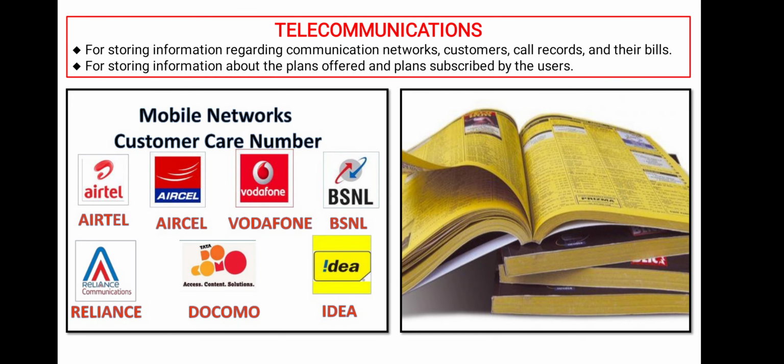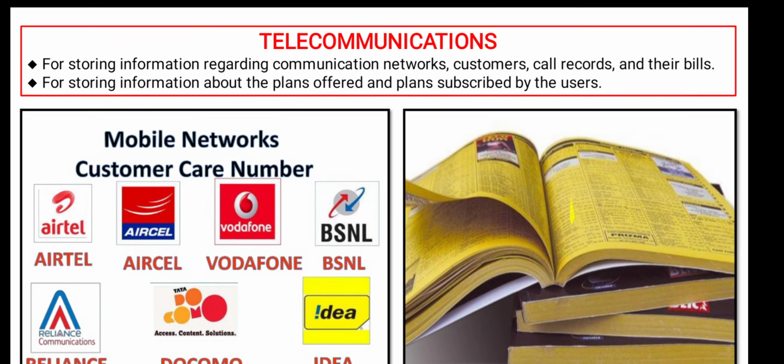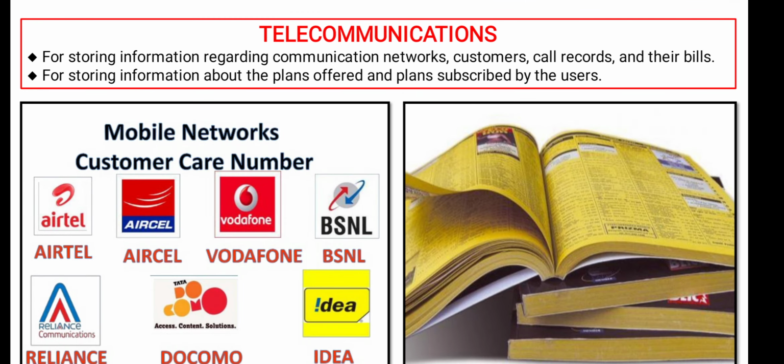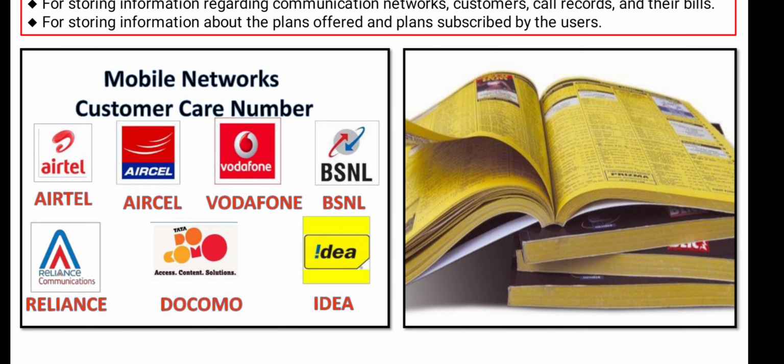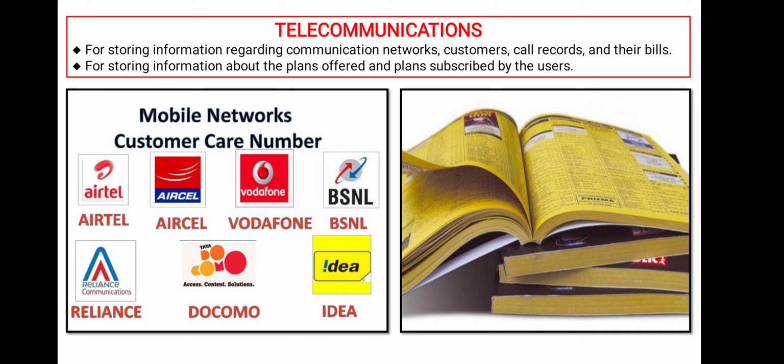Next one is telecommunication. For storing information regarding communication network, customers, call records and their bills. For storing information about the plans offered and plans subscribed by the user. As you can see, there are plenty of mobile networks available. The logos of those mobile companies are given to you, and on the right hand side, this is called a telephone directory.